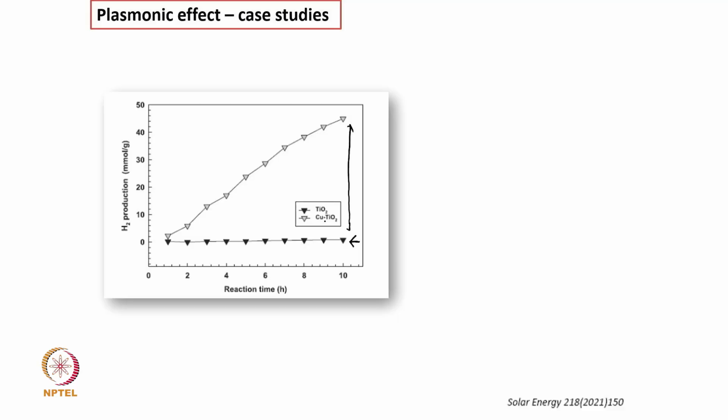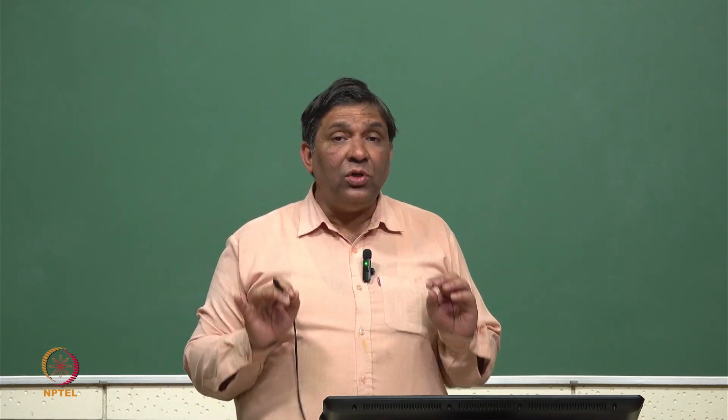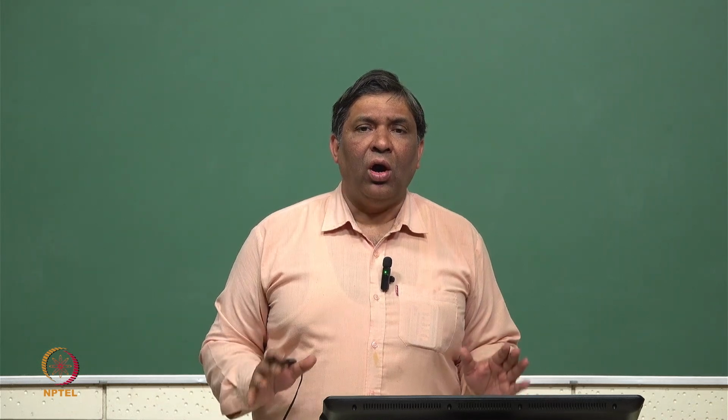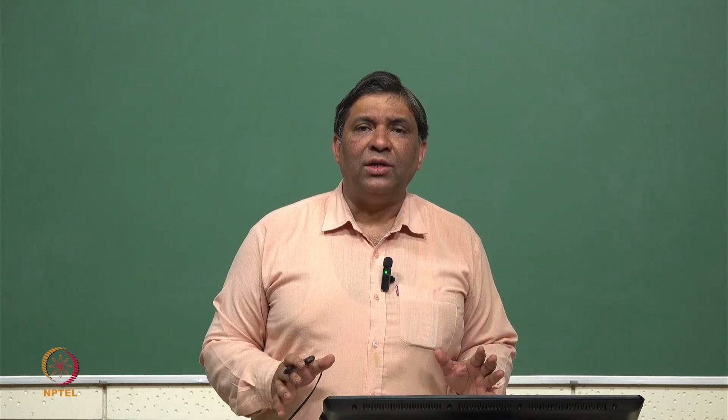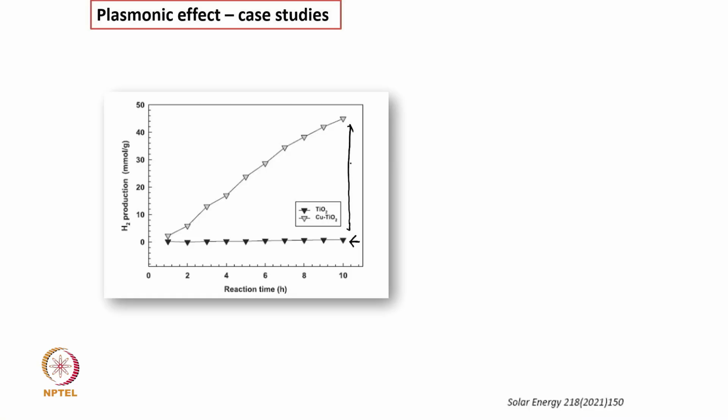As soon as you put copper, immediately you introduce the LSPR effect. When you introduce the LSPR effect, there is a huge enhancement of light absorption, which finally leads to a huge enhancement in the hydrogen production. So this is very significant.